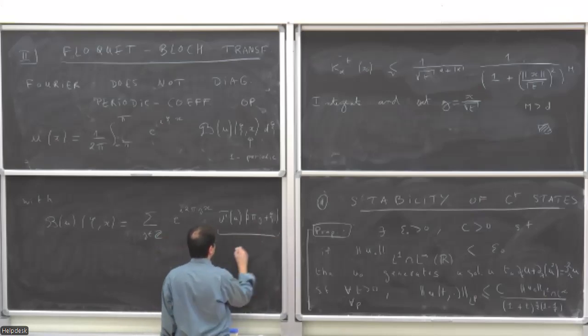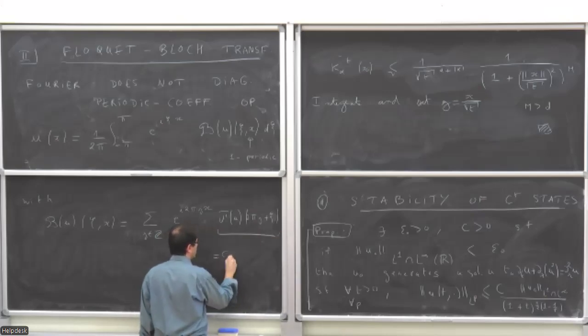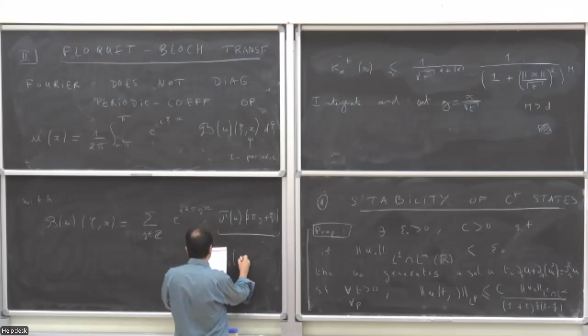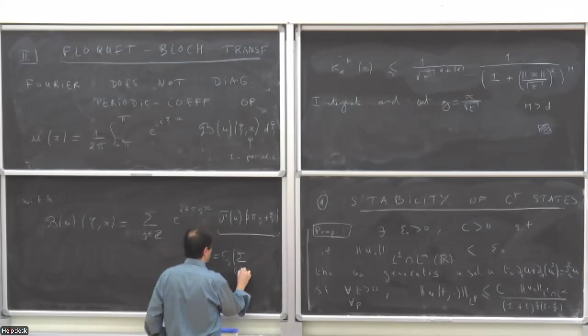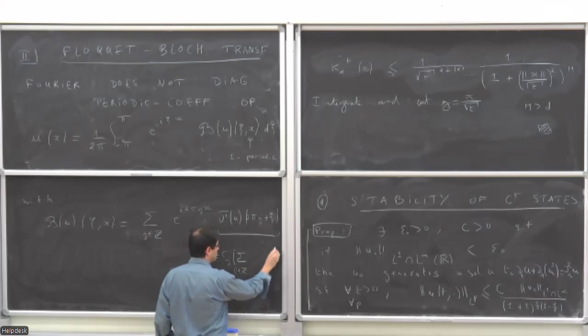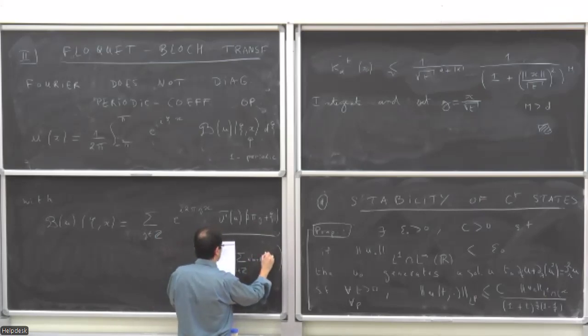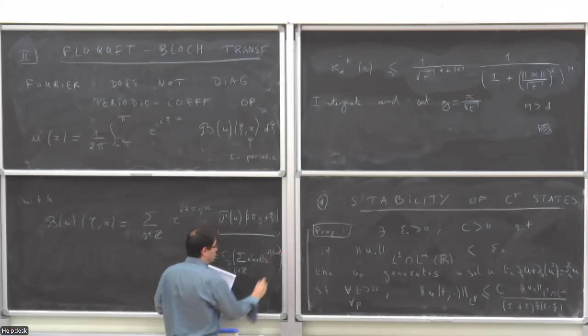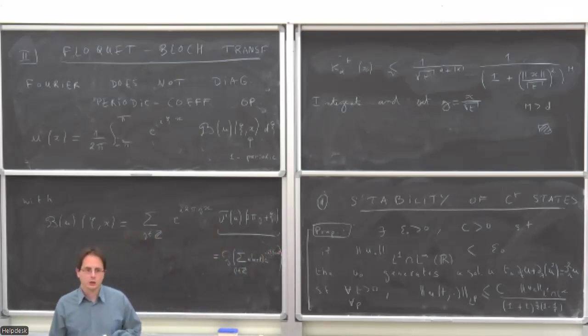You can also do this computation. It depends on my convention, and you can check that it is the Fourier coefficient associated with the periodization of someone.